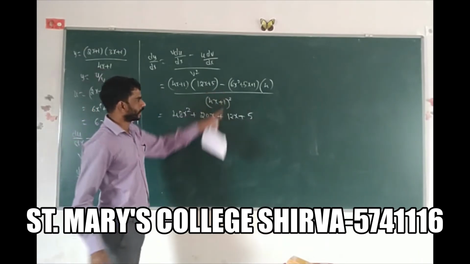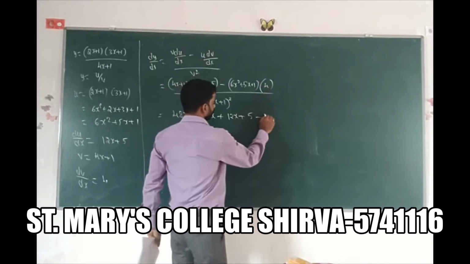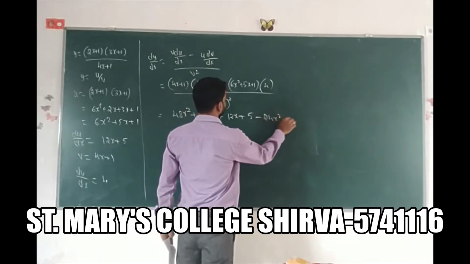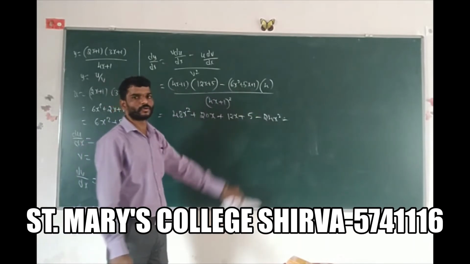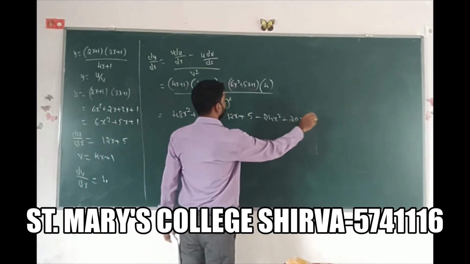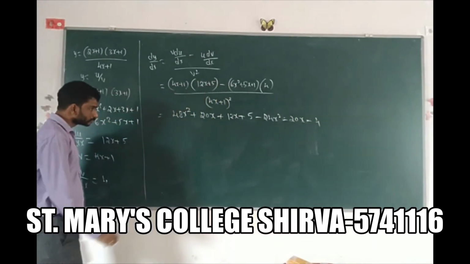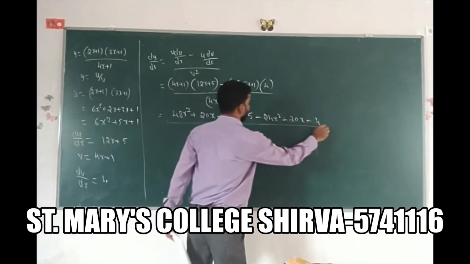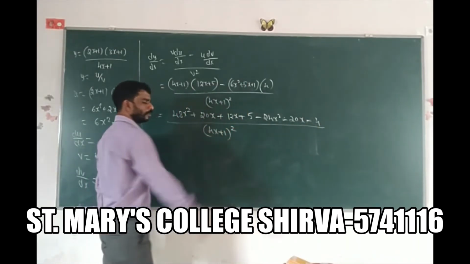Now minus 6x square into 4, 24x square. Again minus 5x into 4, 20x, minus 1 into 4, 4, divided by the denominator 4x plus 1 whole square.